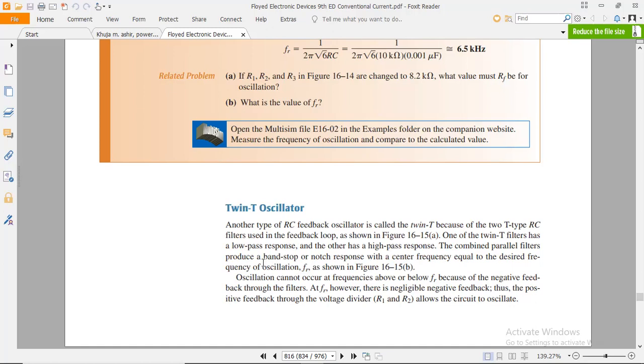A band stop filter is used when we want to stop a particular band of frequency, and the notch filter is a particular kind of filter if we want to eliminate a particular and specified magnitude of frequency, then we need to select a notch filter.